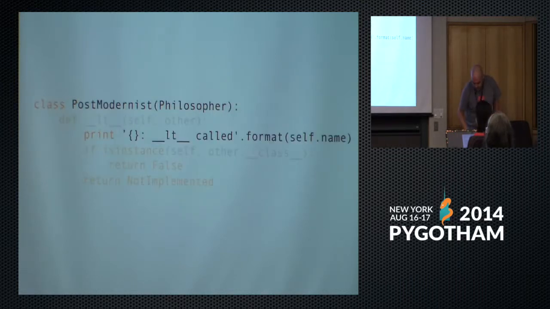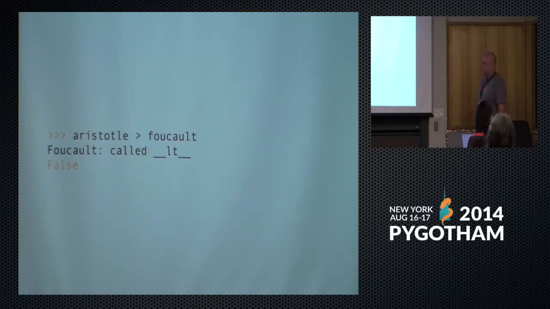Anyway, what's actually going on, let's go back to our debugging by print statement, is that Foucault's less than is getting called, even though we're using the greater than operator on Aristotle on the left-hand side. Just give you a second to process that. What's actually going on here is that if either side inherits directly from the type of the other side, so in this case, the type of Foucault is postmodernist, the type of Aristotle is philosopher, postmodernist inherits philosopher.